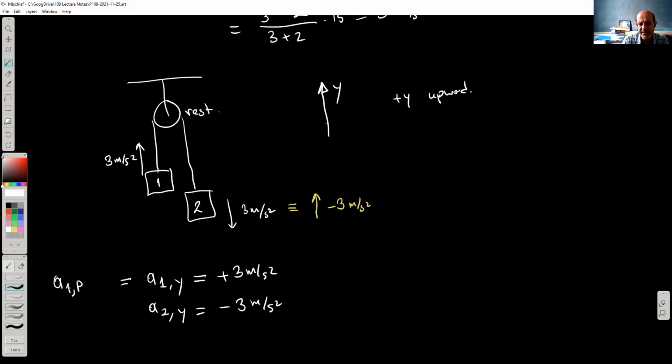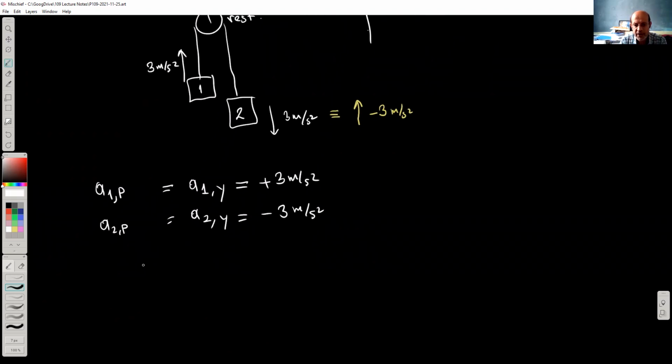This is the y component of that acceleration. And that's the y component of the other acceleration, okay? The reason I want to use the y component is that I want to use the same formula. As a result, I wanted to express all three accelerations by using the same reference frame, okay?